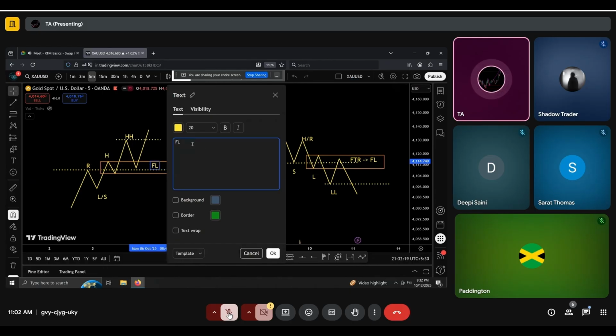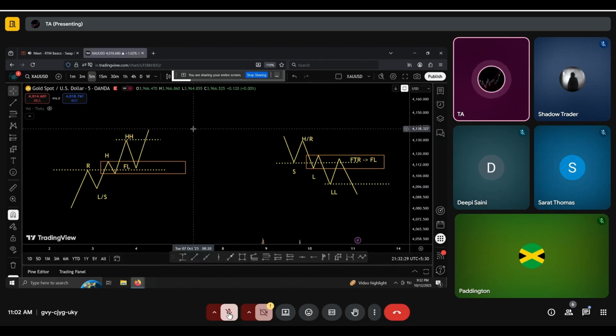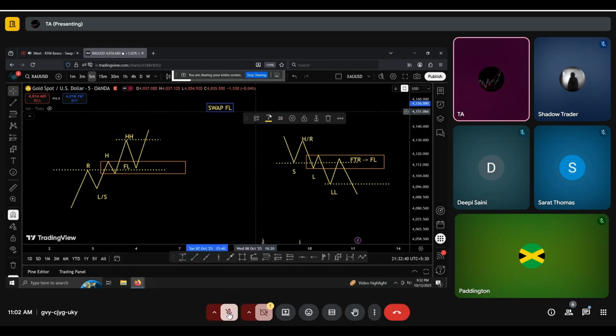Only if we write FL, that is enough, right? We shift it here, and this is now FL. So in future for SwapFL, now we are going to study SwapFL. Here I should denote the topic SwapFL, and size 28.